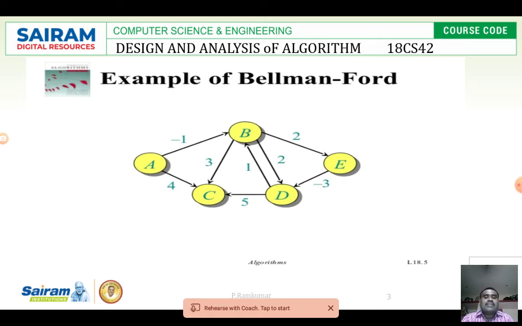In this given graph, let me assume B as U, E as V. Now C(U, V) is 2. After computing the distance between A and B, I will have some value at B. So if D(U) plus C(U, V) is less than D(V), then D(V) will be computed as D(U) plus C(U, V). This relaxation formula needs to be applied to all the vertices in the given graph.